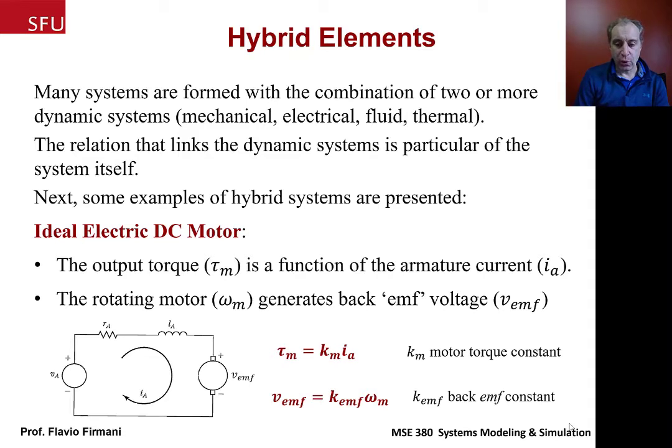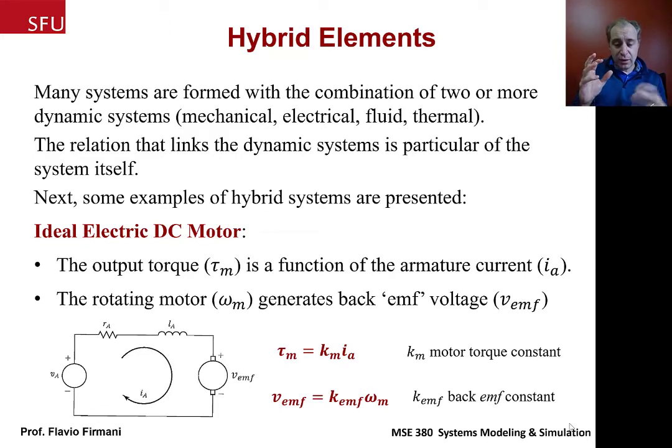So far in the course, we have considered individual domains. We analyzed the different elements in each domain, except for the case of the flexible container, where we had a fluid system, the fluid capacitor, and then the container itself that was modeled as a spring.